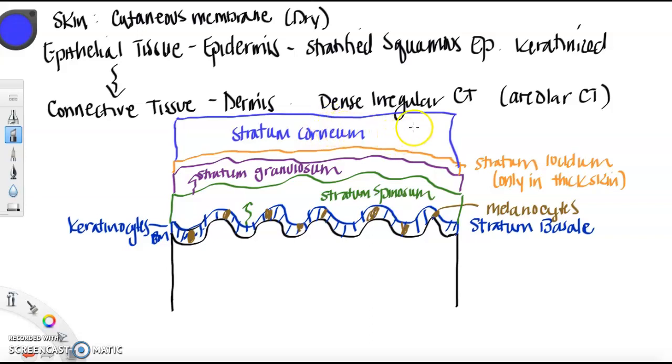They're dead cells, and they're starting to look like bricks in a wall. They do look like bricks in a wall, and they start to do that in the granulosum. These bricks are full of keratin, and the outside of the bricks is like a mortar, and that's the glycolipids. Together, those two things pretty much make the skin waterproof.